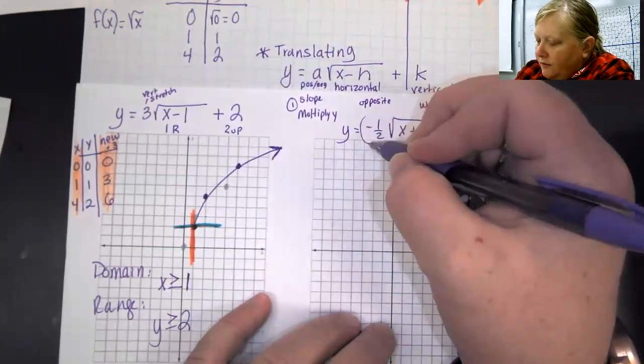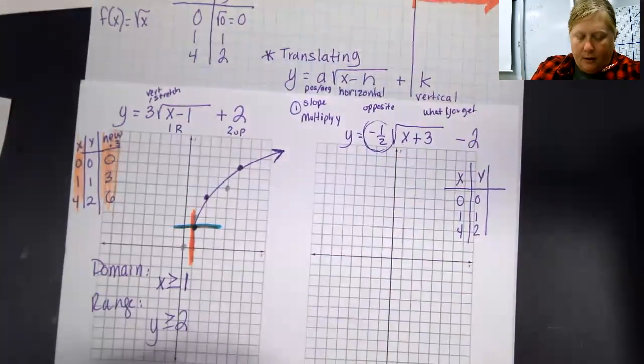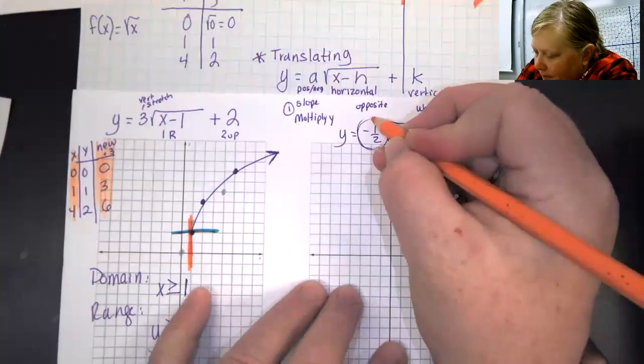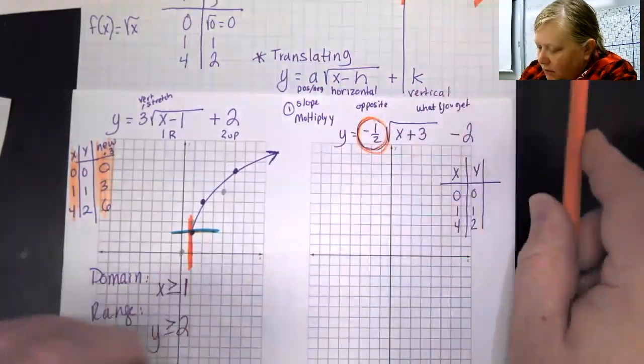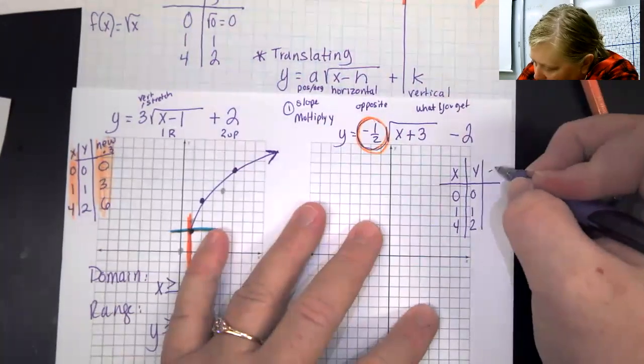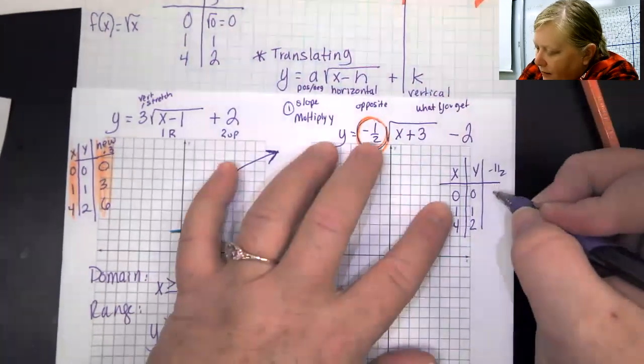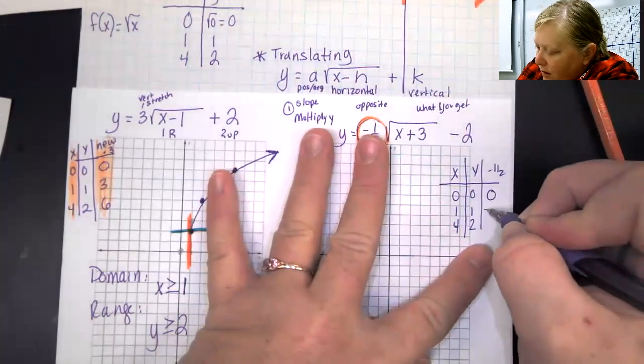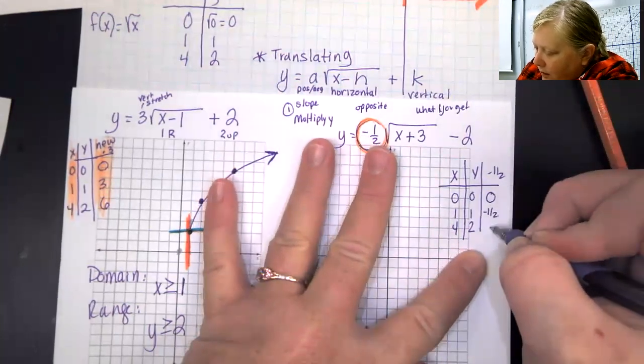Okay, so the first thing I'm going to do is multiply by negative half, just the y values. So this is 0, negative 1/2, and negative 1.